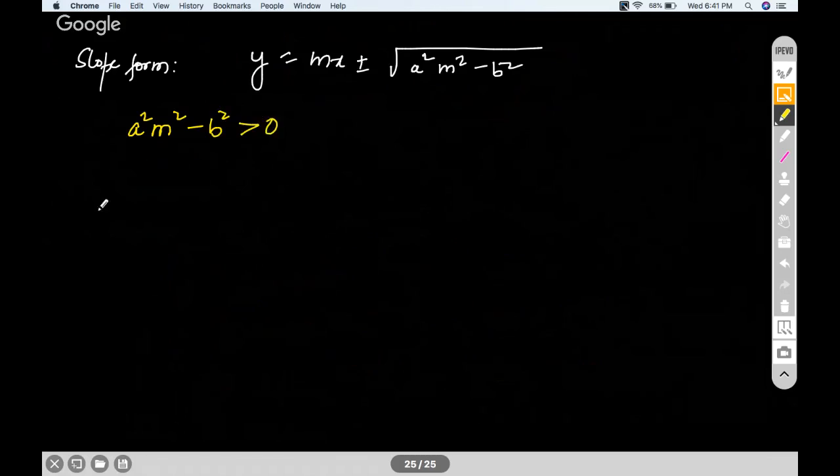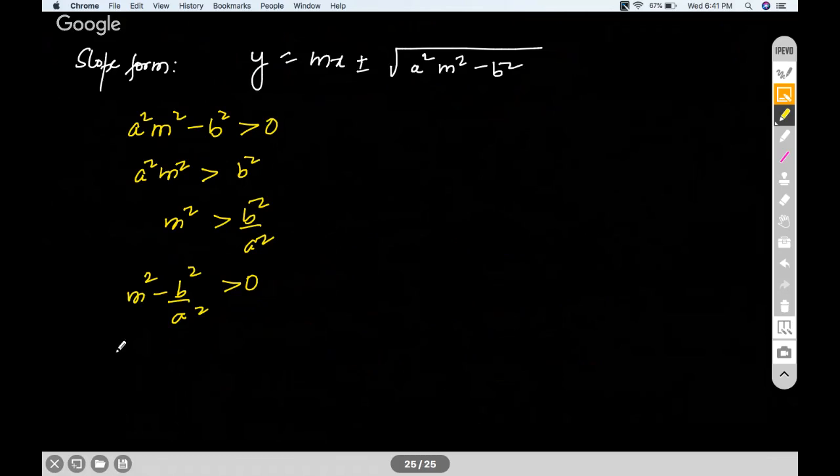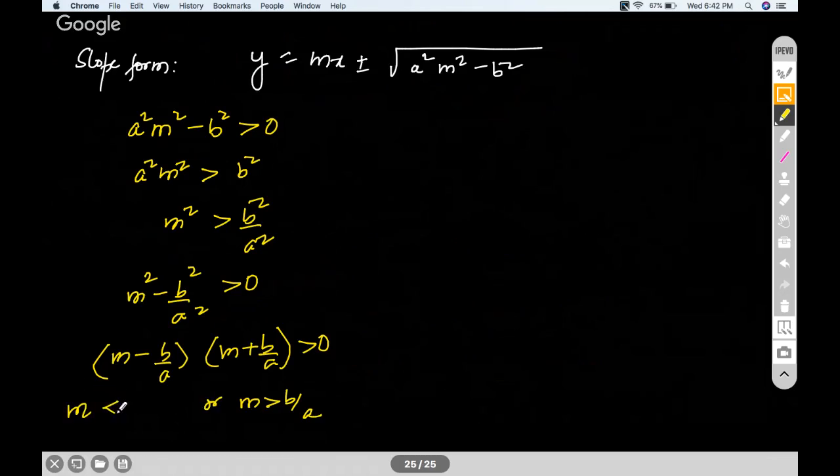That means a square m square should be greater than b square. That means m square minus b square by a square should be greater than 0, which means (m minus b by a)(m plus b by a) should be greater than 0. That means m should either be greater than b by a, or m should be less than minus b by a.